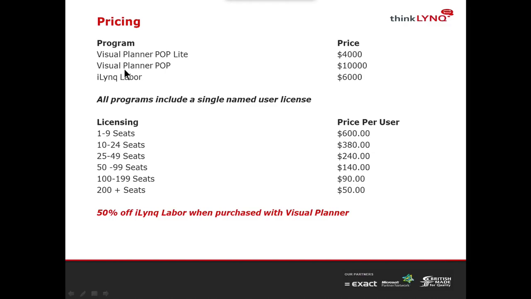Now, Visual Planner P0P is the full standard edition, and what we're saying here is that if you buy Visual Planner, it doesn't matter whether it's the Light Edition or the Standard Edition, and you want to have even more control of your shop floor, in other words, you want to schedule your plan, but now you want to execute that plan, then you're able to do that with iLink Labour, which is our web-based labour reporting, production reporting solution.